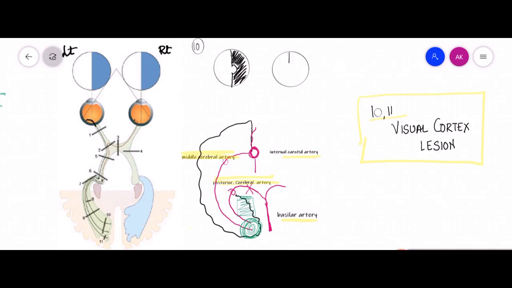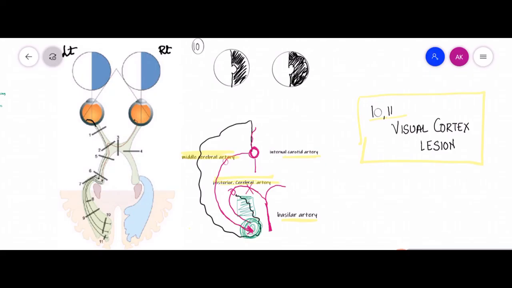So we will see a contralateral homonymous hemianopia sparing the macula. Now, why is the macula spared? The macula is spared because the macula is also getting its blood supply from the middle cerebral artery, and it is perfused even in case of a posterior cerebral artery stroke because of the dual blood supply present to the macular area. There will be macular sparing.